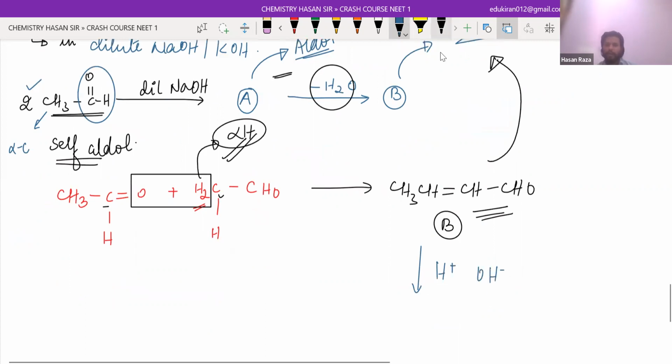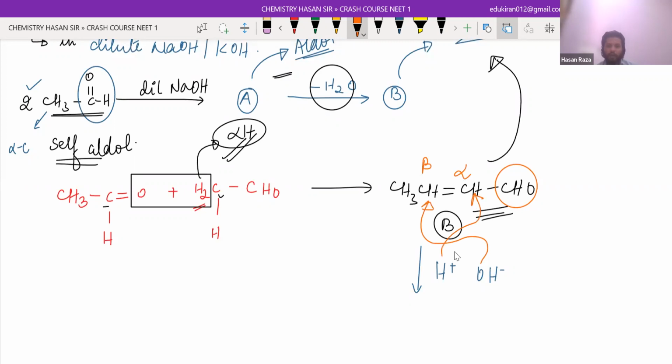Now, this is your main functional group, so this will be your alpha, this will be your beta. Always add OH minus to the beta carbon and H plus to the alpha carbon and break the bond. So you can see this will become CH3, CH, OH, CH2 and CHO. So this will be your A, which is the aldol product.